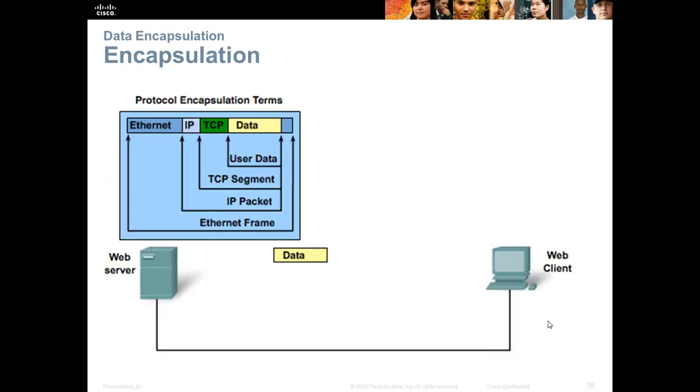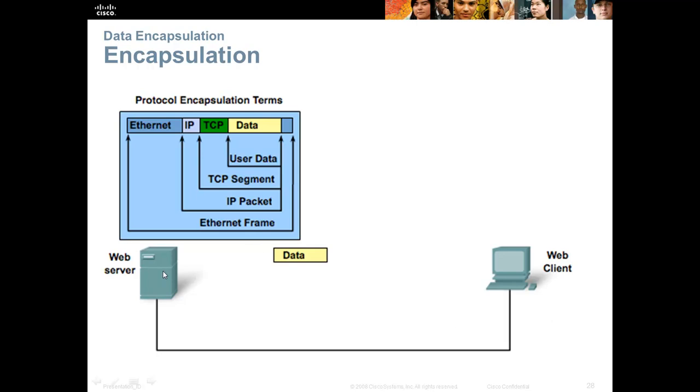Anytime we take that data and break it up and add different pieces to it, this is known as encapsulation. You will see that term a lot. Some things that we encapsulate are MAC addresses, IP addresses, header and trailer information. Essentially, we're adding something to that segmented data so that we can deliver it to where it wants to go.